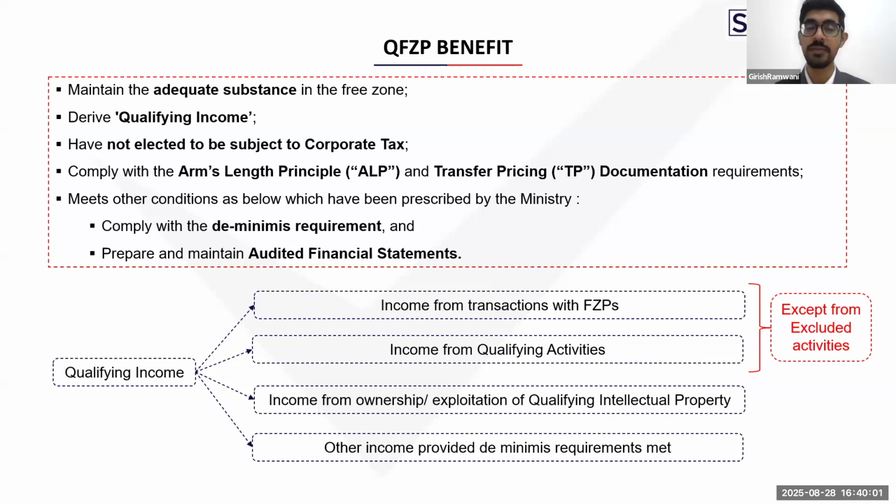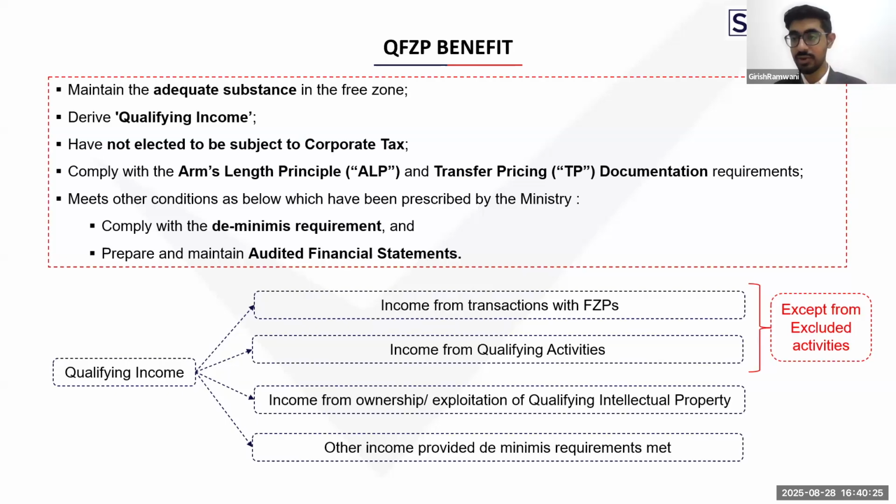That is very important. The income should be from any of the qualifying activities or from another free zone person. If either of these is there, then that income is going to be considered as qualifying income.